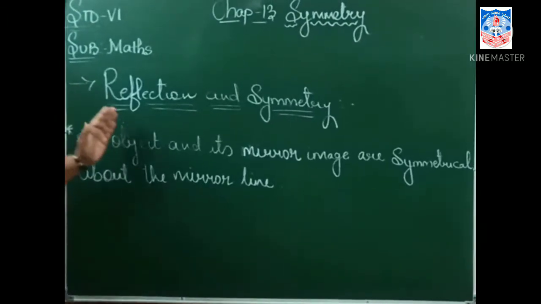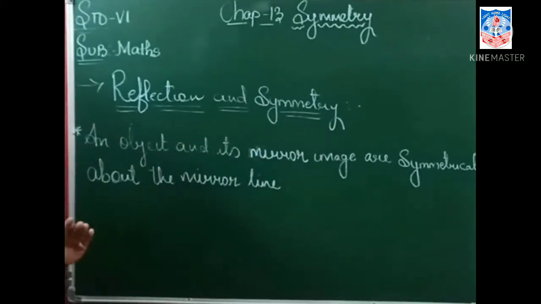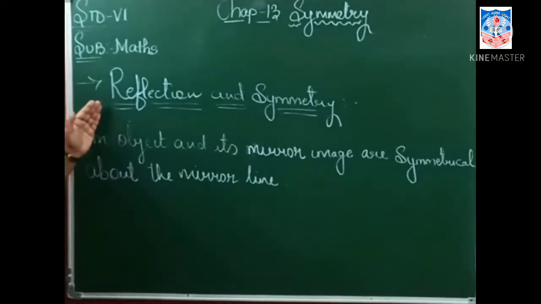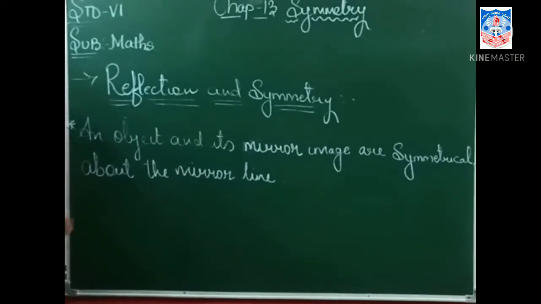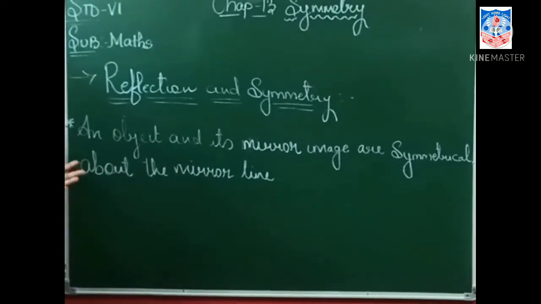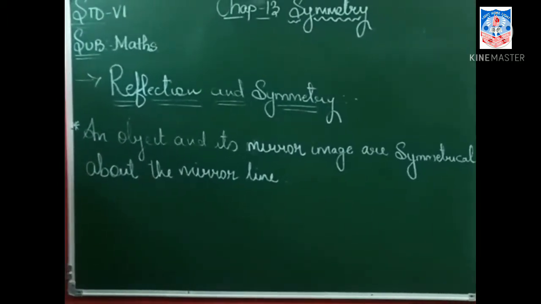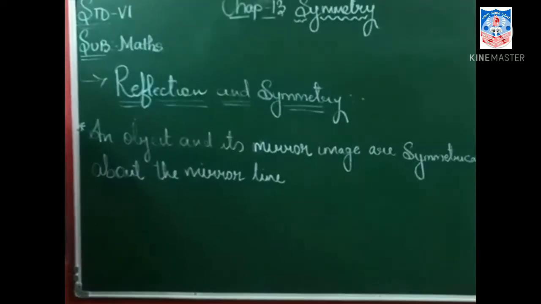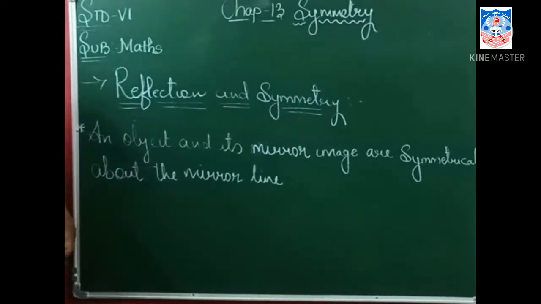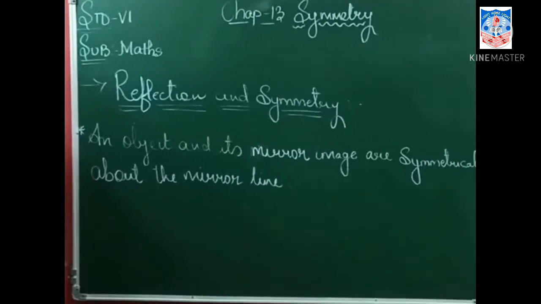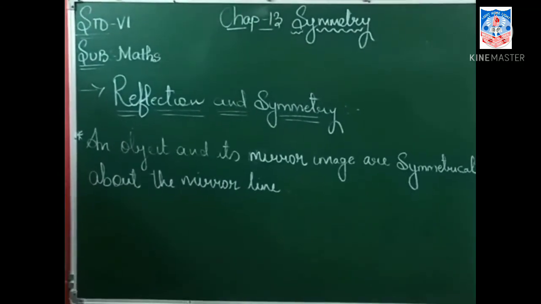Next is reflection and symmetry. Now what is reflection? Reflection means when we see an object or an alphabet or some alphabets in the mirror, how it appears in the mirror. For example, some alphabets are there.